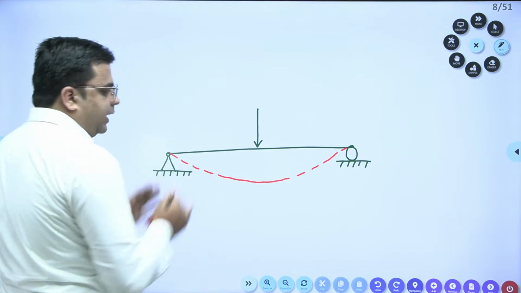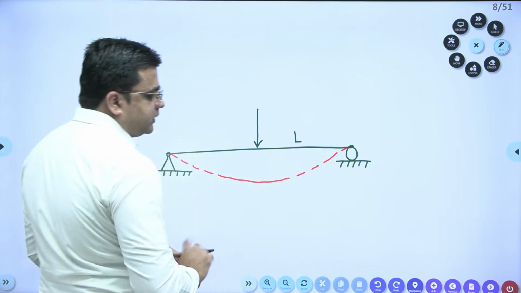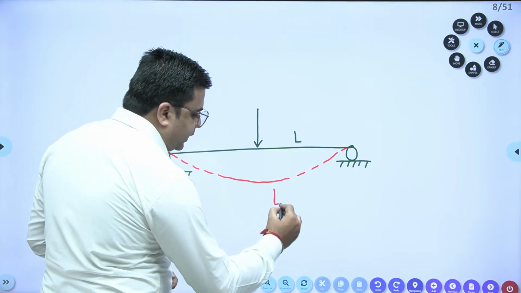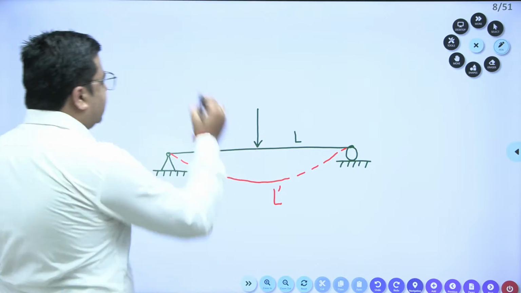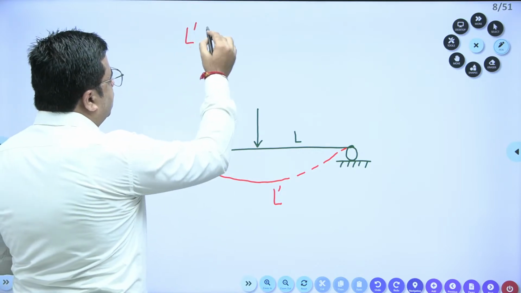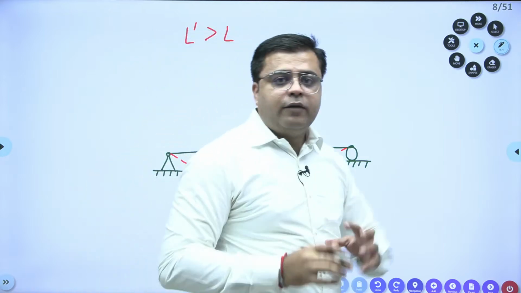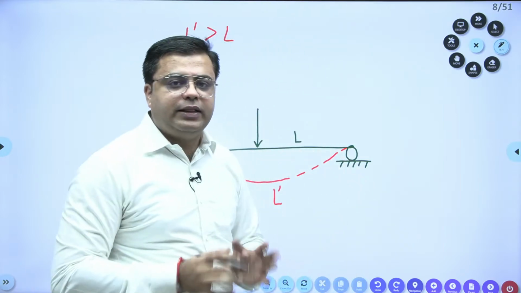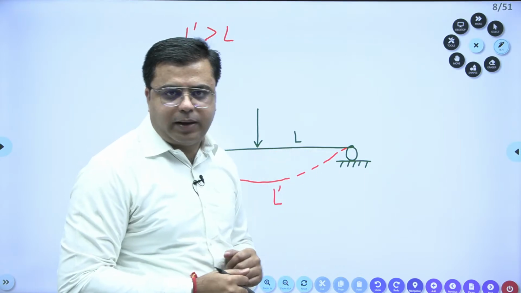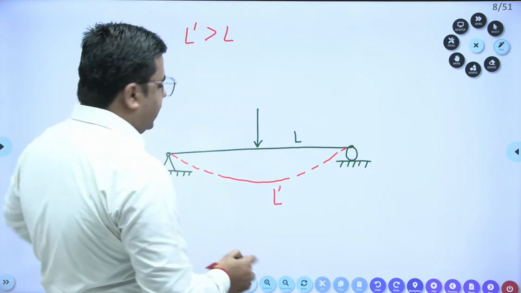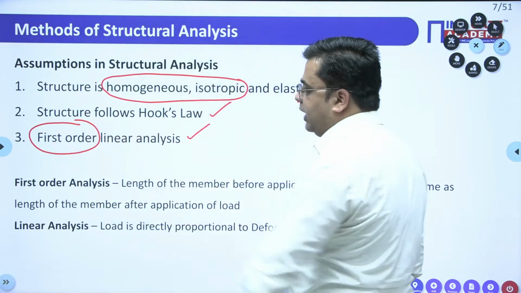Now, if this is my original length L, obviously the original length L is less than my extended length L dash. This L dash has to be more than L, right? But in our analysis, we do not differentiate between the extended length and the original length of our structural members, right? So this is known as the first order analysis.